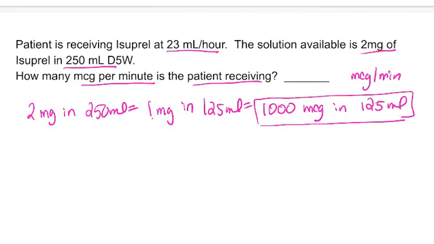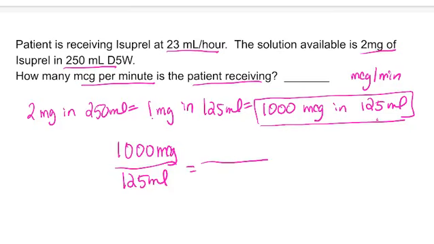Then I'm going to set up a ratio proportion. If I have 1,000 micrograms in 125 milliliters, I know there's going to be micrograms here and milliliters here, and I'm going to look at my rate as mils per hour. So I know this is going to be mics per hour, and my rate's going at 23, so my X is going to be there.